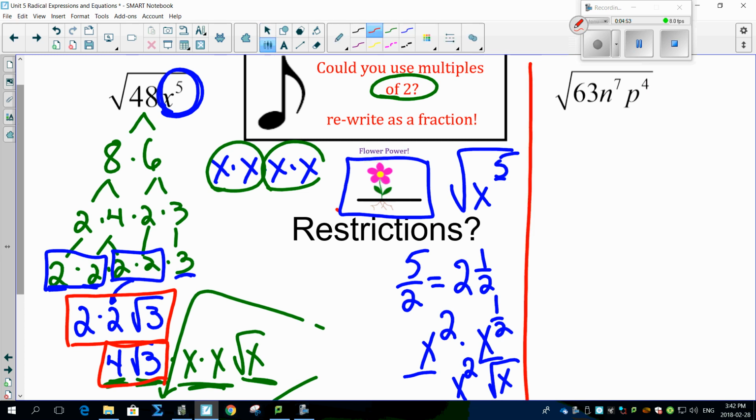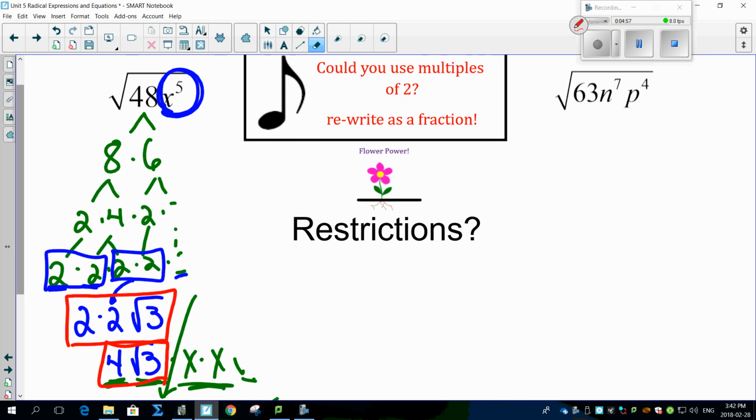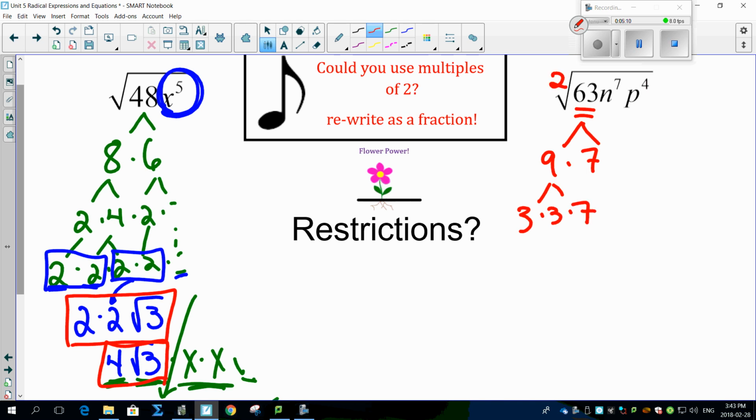Now, I'm going to need a little bit of room, so I'm going to erase some stuff here to make things a little simpler for us. Look at this. 63. Well, I know 63 is 9 times 7. Break that down, 3 times 3 times 7. I'm looking for pairs because it is a square root. So 3 root 7 is 63 now. Now, let's deal with the n to the 7.